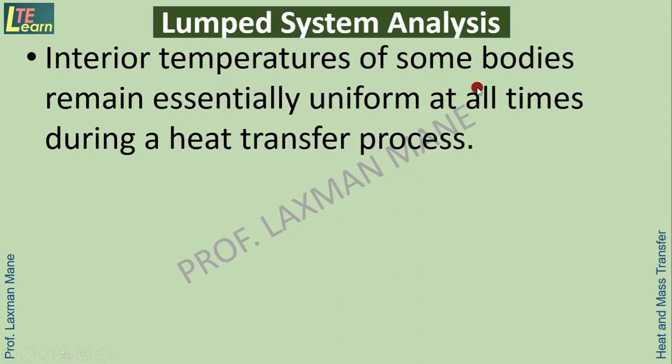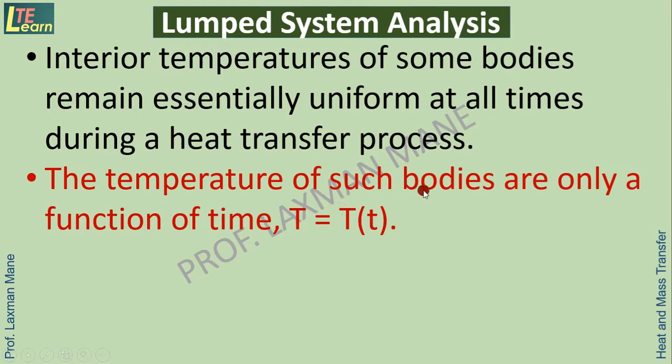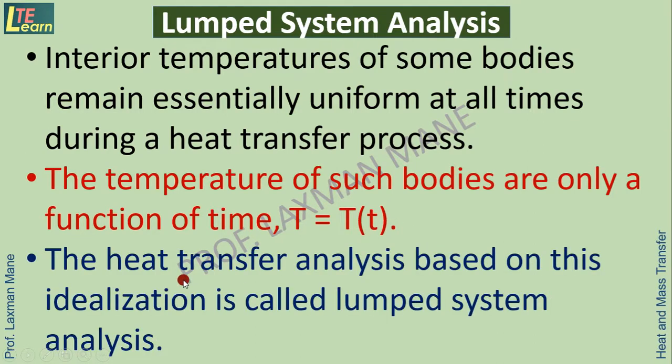The interior temperature of some bodies remains essentially uniform at all times during a heat transfer process. The temperature of such bodies is only a function of time, that is T is a function of time. The heat transfer analysis based on this idealization is called lump system analysis.